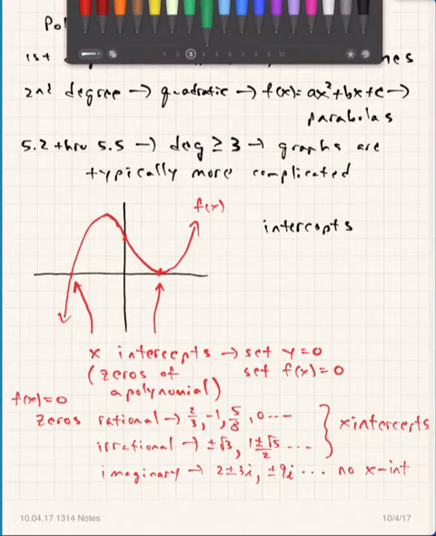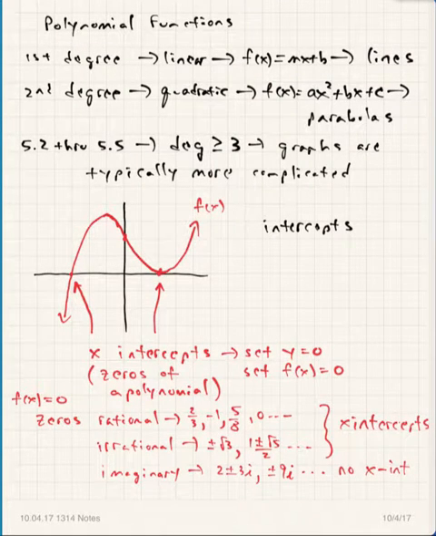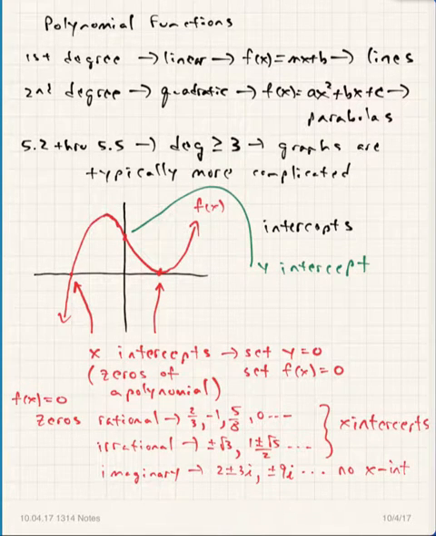All right. So now remember, we're talking about intercepts right here. Now this graph also has another intercept, and that's the y-intercept. The y-intercept in the graph is this point right here. And to find the y-intercept, what do we do? We set x equal to 0.